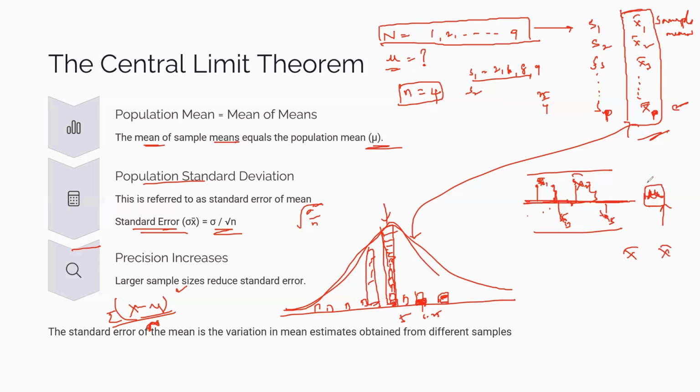Some variation will be there, and on an average, that variation is called the standard error. It is termed error because we are estimating something, but erroring out in estimating the true value. Standard, because it is the average of all these errors.